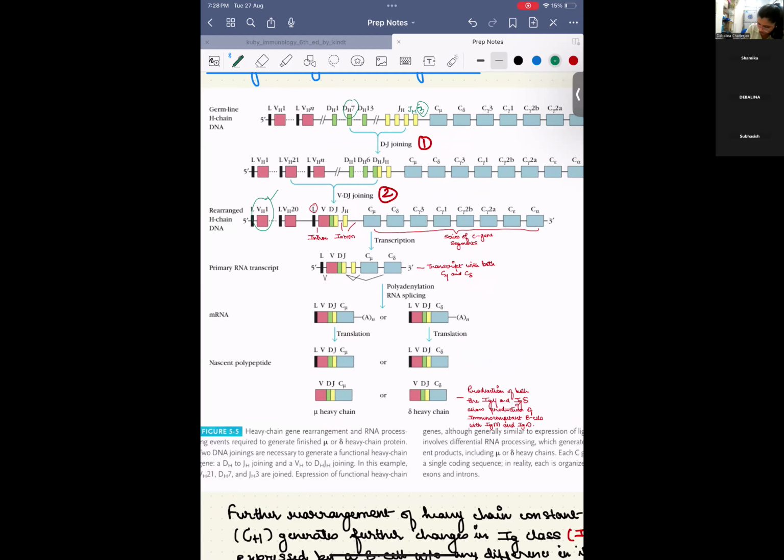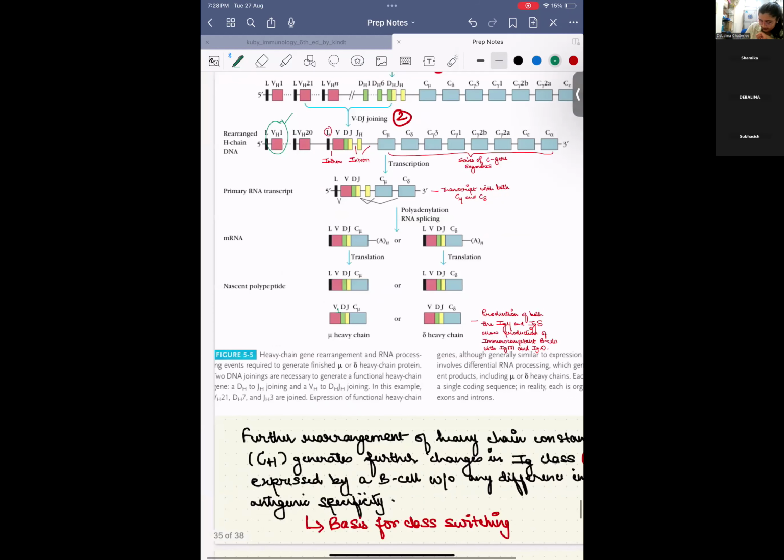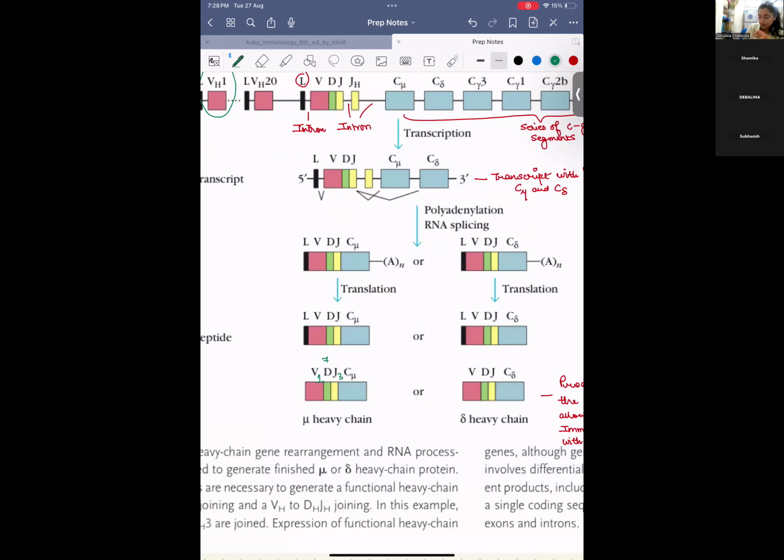So it is going to be V1, D7, and J3. Now, if a class switch has to happen, or if the membrane-bound antibody has to transition into a secretory form, so that the B cell becomes a plasma cell, it is only going to change the make of the C region. Maybe it can become C gamma 1, right? But this combination remains fixed.